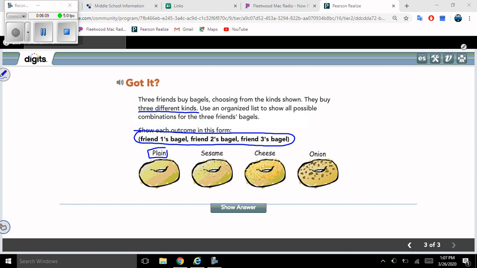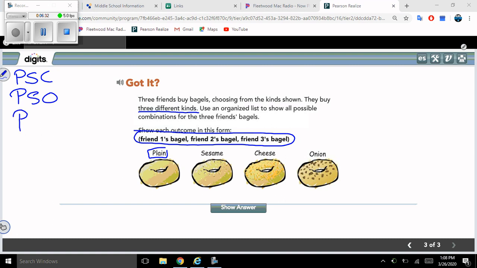So I'm going to go plain followed by sesame and cheese, plain followed by sesame and onion. So again, I'm going to run all the possible situations where plain is my first kid getting plain. Sesame is always going to be the second.